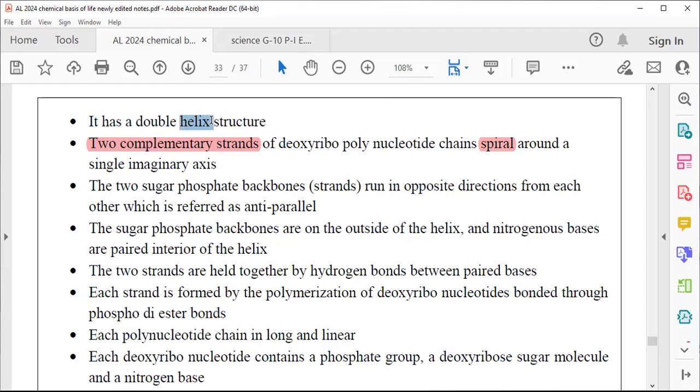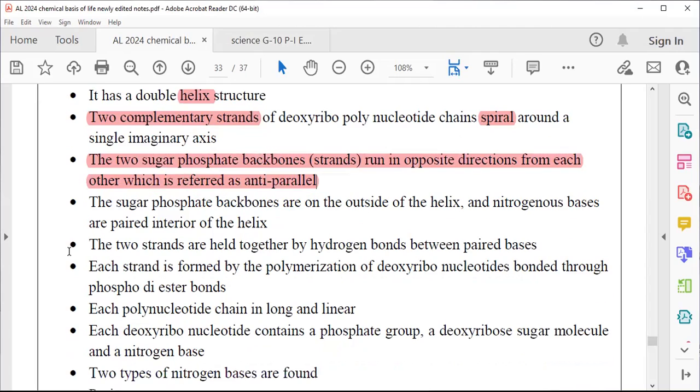Helix means spiral. Next it is speaking about the anti-parallel nature. Do you agree with the anti-parallel nature?